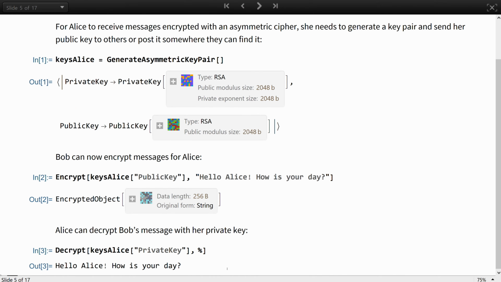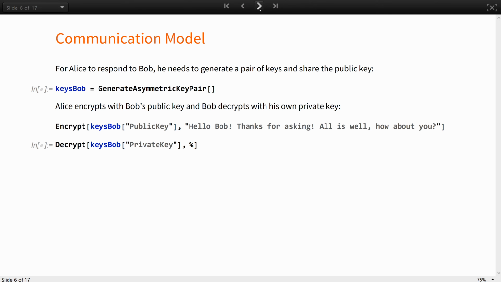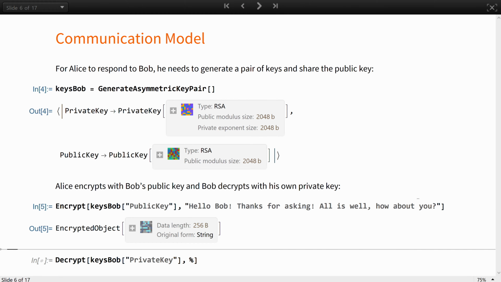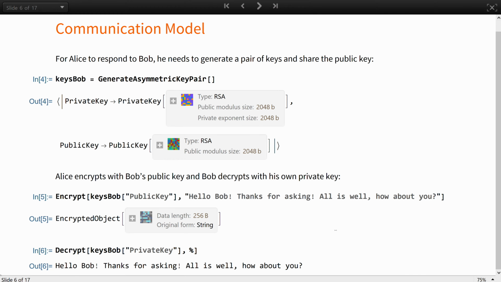Alice can then decrypt Bob's message with her private key. Similarly, for Alice to respond to Bob, he needs to generate a pair of keys and share the public key as well. Alice can then take Bob's public key and encrypt with it, and Bob decrypts the message with his own private key.